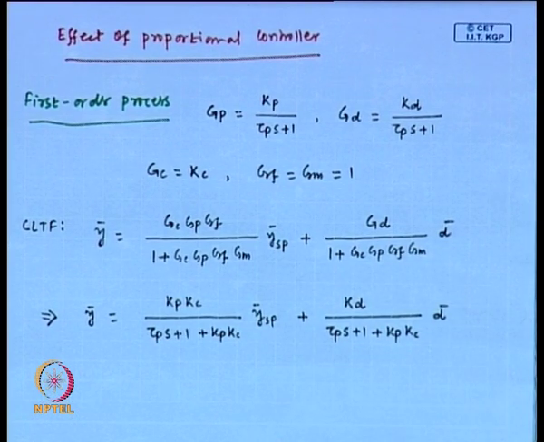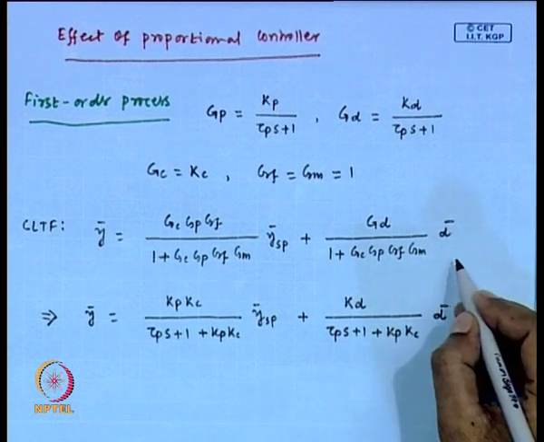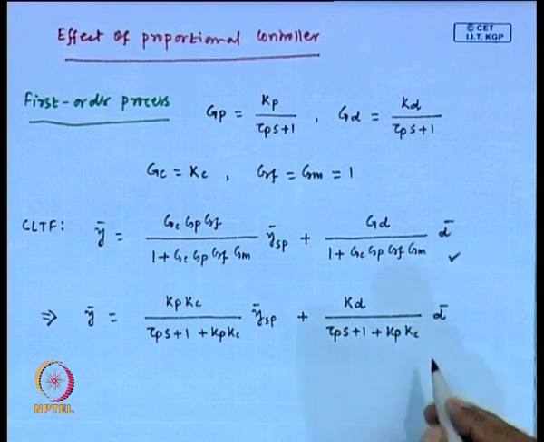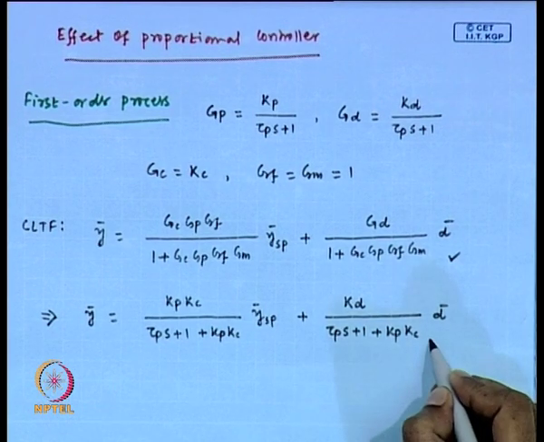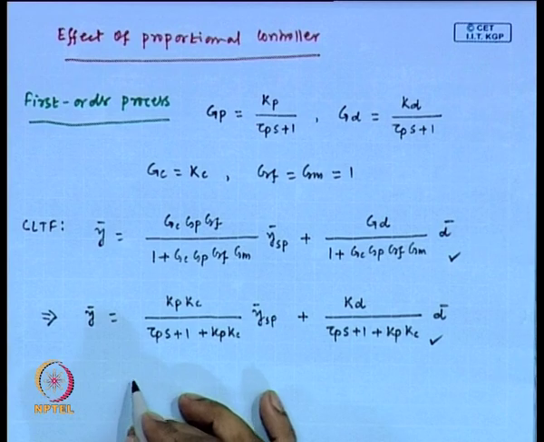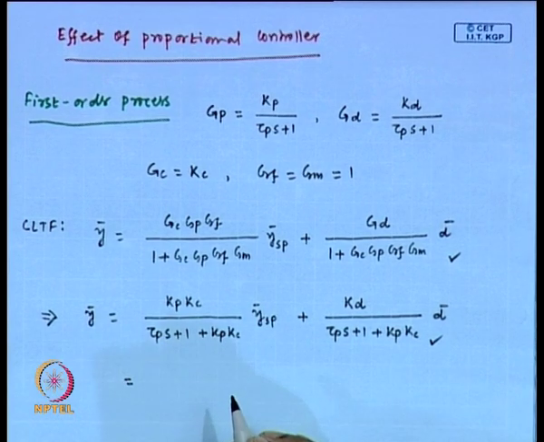Substituting all individual transfer functions, we obtain the closed loop transfer function for the first order system in this form.